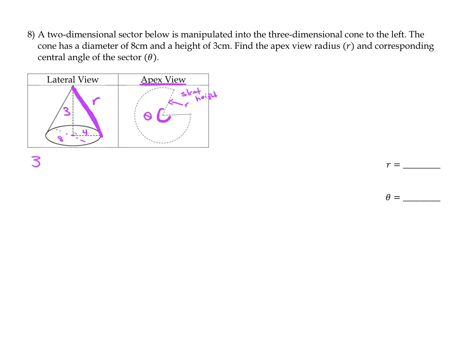And now if you know your triangles, we know what r is, but 3 squared plus 4 squared equals r squared. 25 equals r squared, so r is 5. So I have a 3, 4, 5.